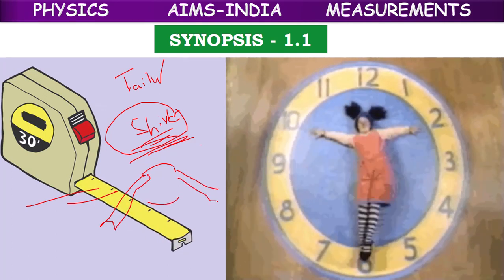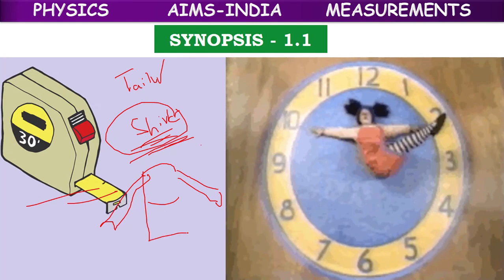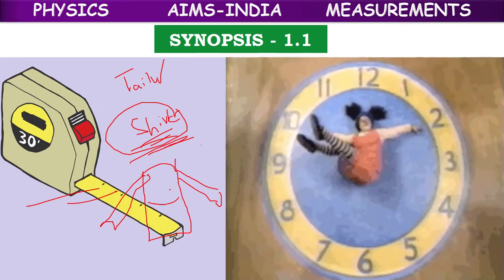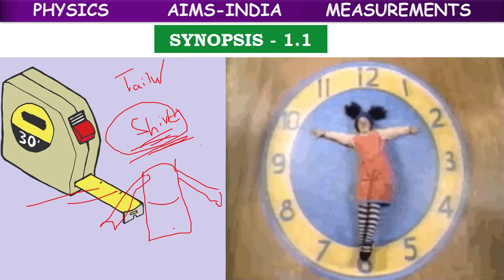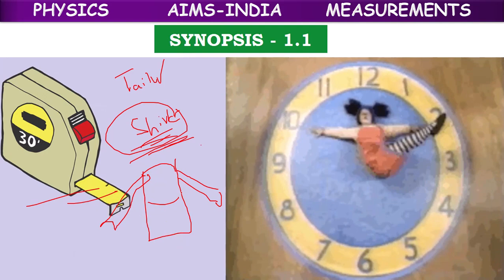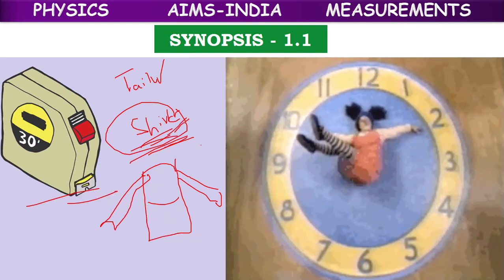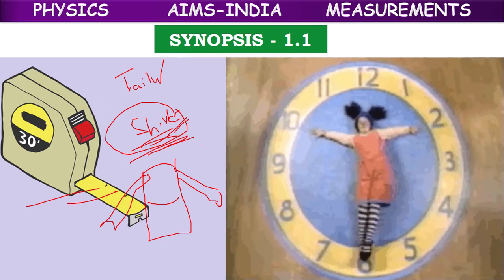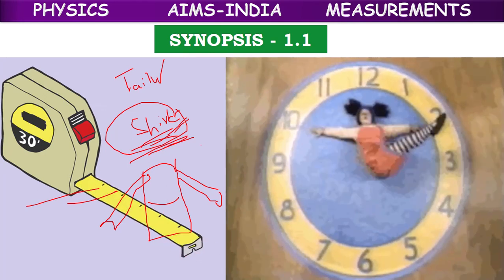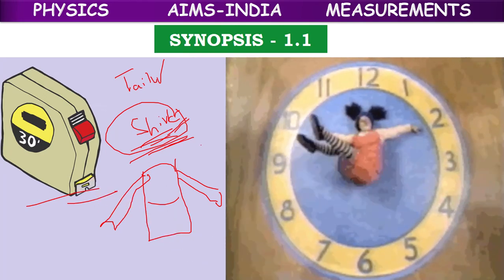All these measurements he has to take, and how long the shirt should be. Then only he can stitch the shirt for you. Otherwise, he may stitch a shirt, but it will be suitable for somebody else, not for you. That may happen.